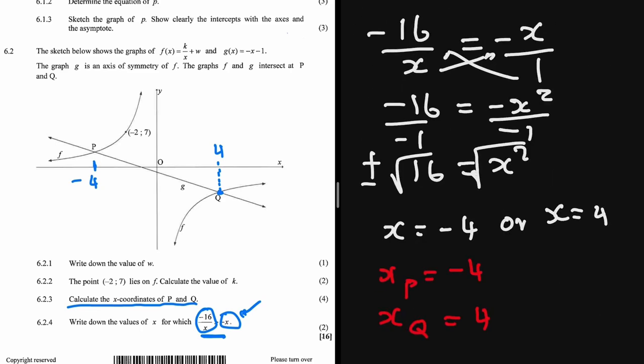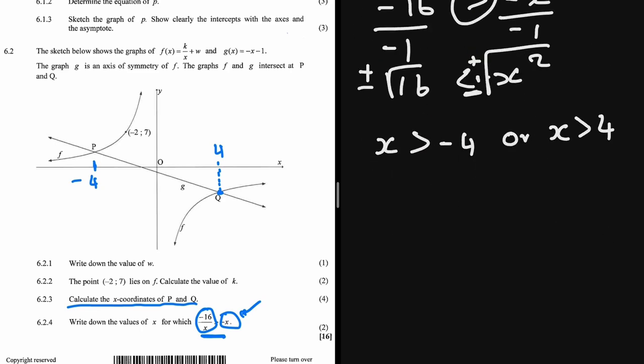So now we have f at x being greater than g at x. If you want to analyze this problem, you look at where the graph of f is on top of the graph of g.